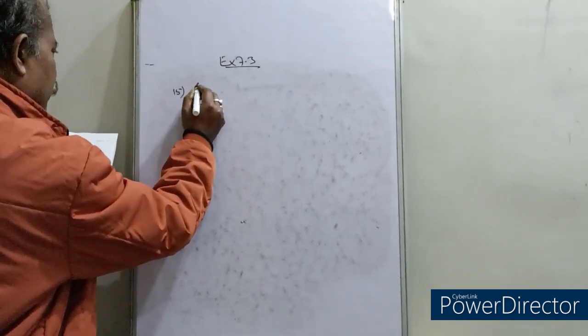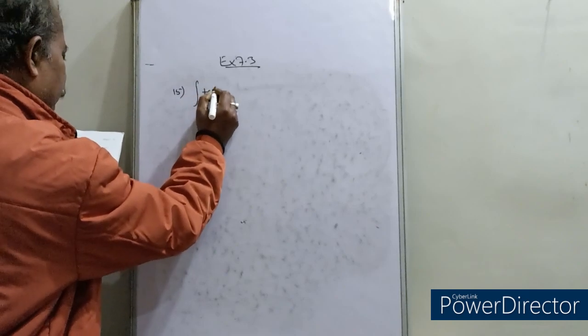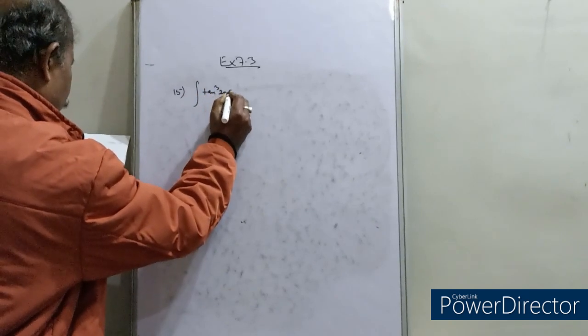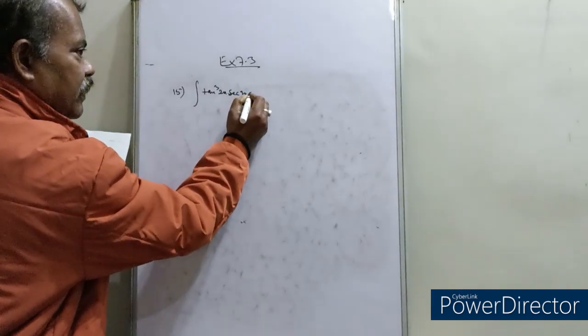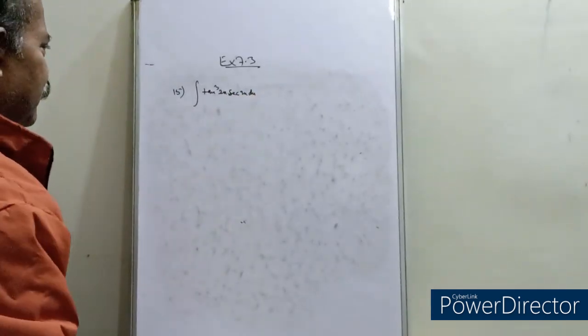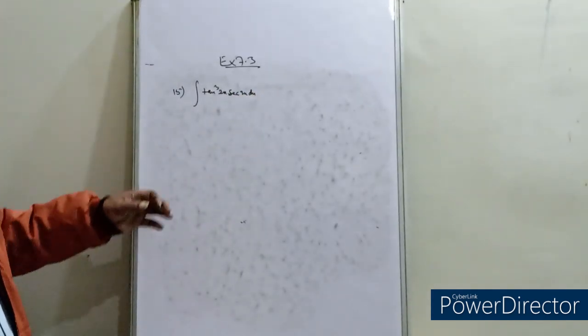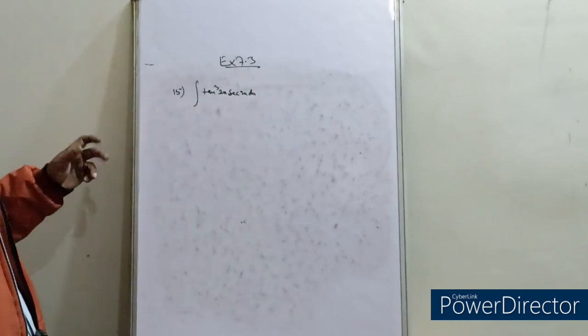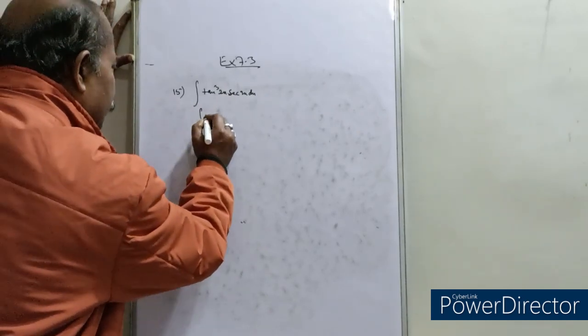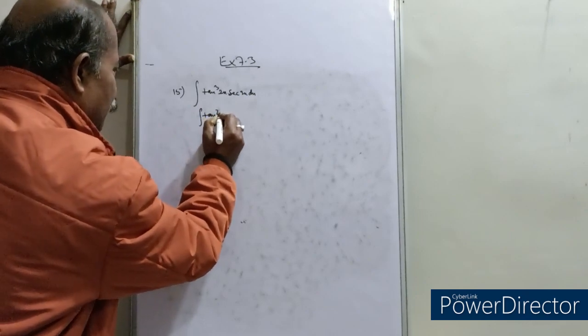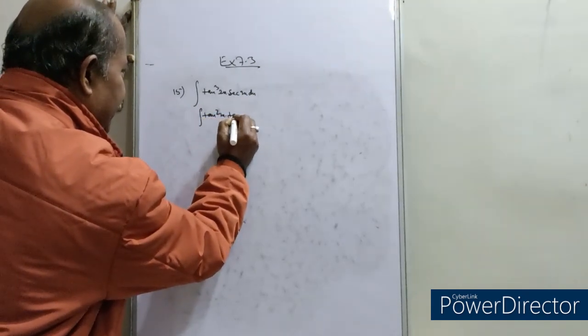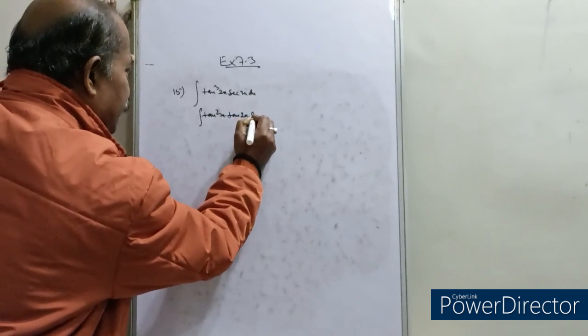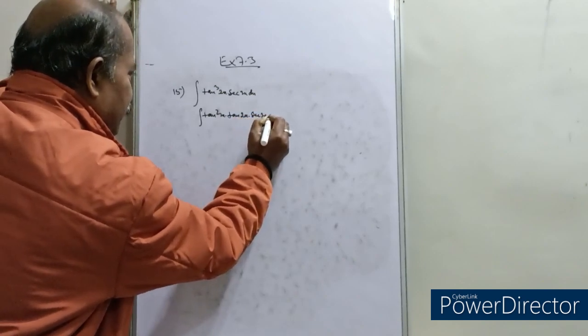So question number 15 is like this. That is integration of tan cube 2x into sec 2x dx. So here there is no problem, because if you suppose sec x, then its differentiation is sec x tan x. So here you can write this like this: tan square 2x into tan 2x into sec 2x dx.